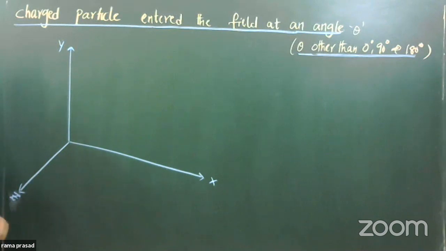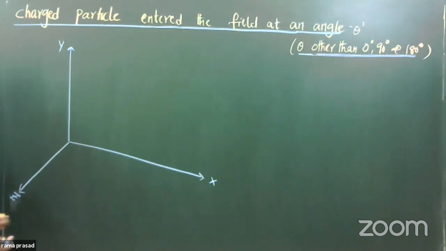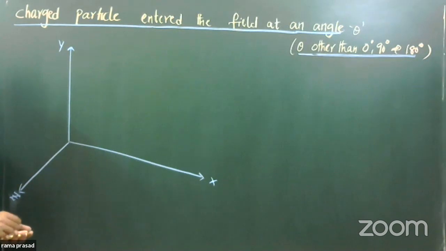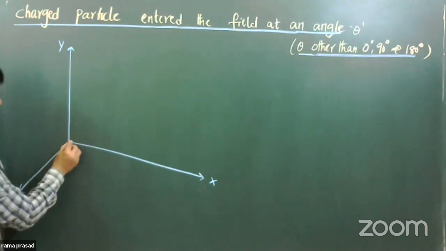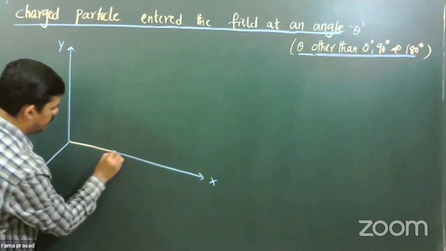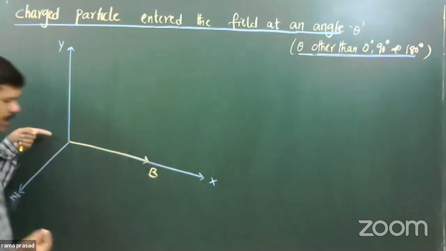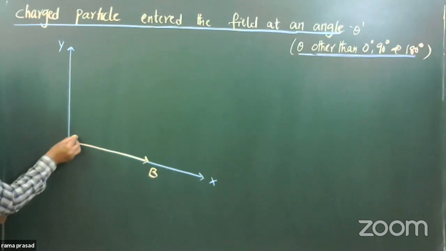X, Y, Z axes, which are mutually perpendicular, coordinate system. A charged particle, see here, the magnetic field is acting in this direction, along X direction.